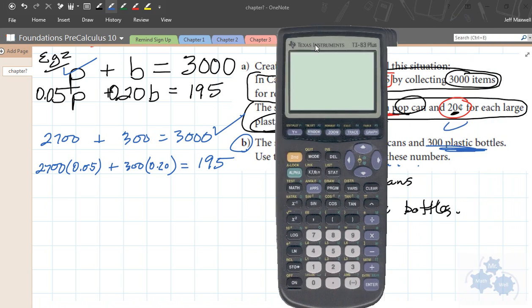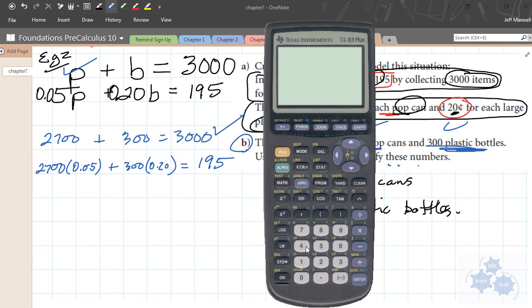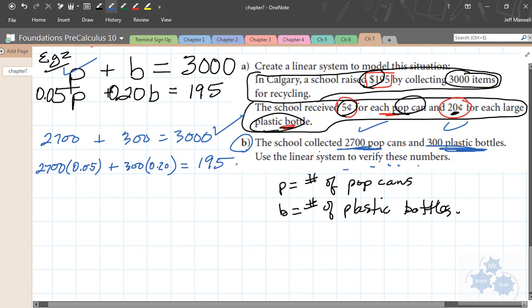All right. So if you do that calculation here, 2,700 times 0.05, that's 5 cents for each one, you get 135 bucks. And then you add that to 300 times 20 cents, and that total is 195. And so this is verified as well. Okay. So this would be your work for A right here, these equations, and this would be the work that you'd have to show at least for B.